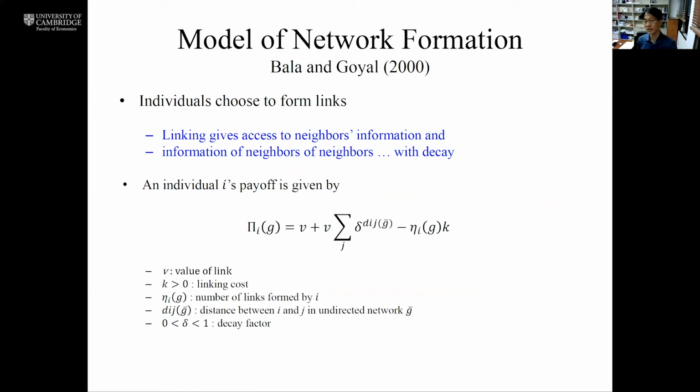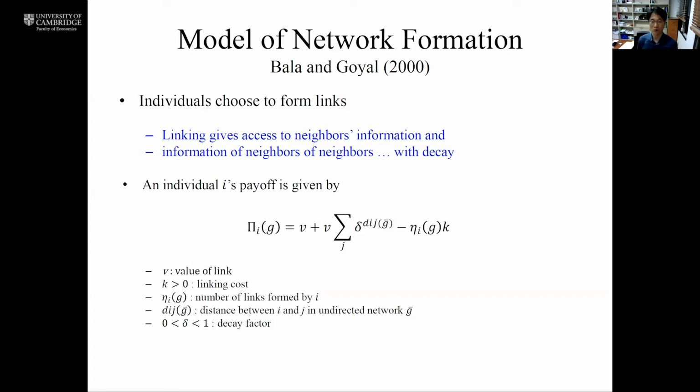If I form a link, then I can access the individual's information, which is denoted by V, but it decays with distance. Also, once I connect to someone, I can have access through that person to their neighbors' information, and their neighbors' information as well.